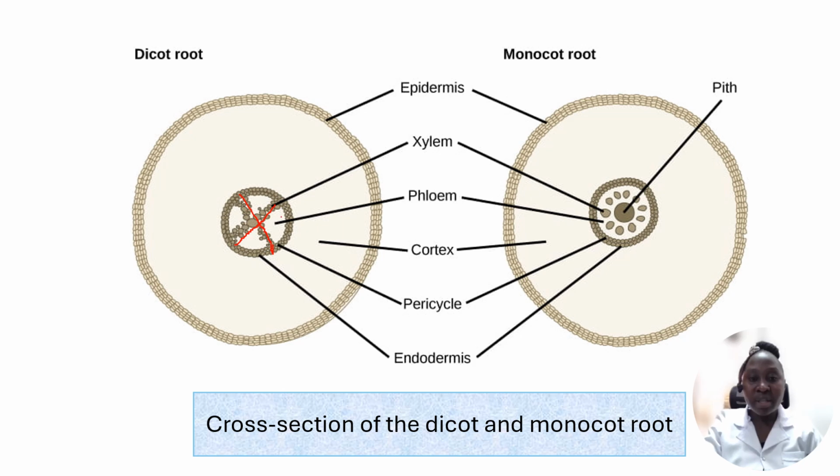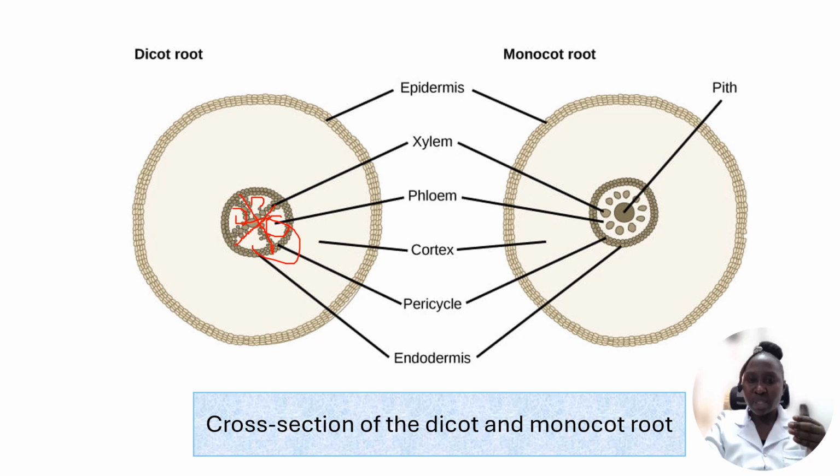And the phloem is between the arms of the X or the star. It's like between the fingers. That's why I showed you by using my fingers. Assume this is the xylem, and the phloem will be found in between the fingers. And this is the monocot root. Remember, we said that in the dicot stem, the vascular bundles are arranged around in a distinct ring.